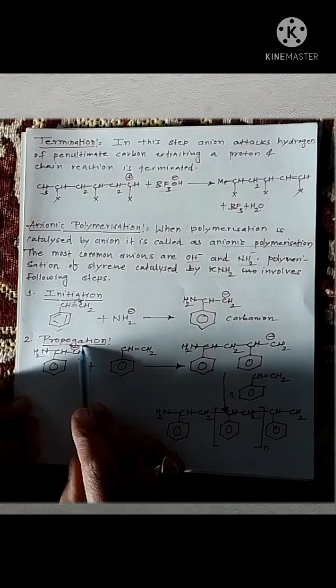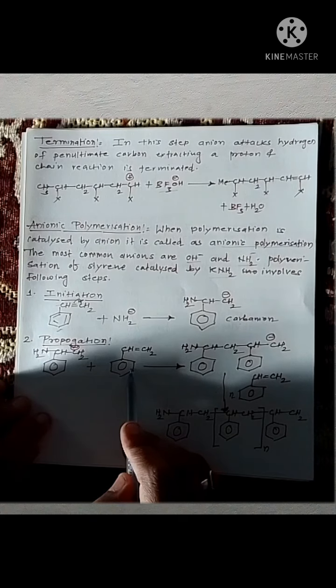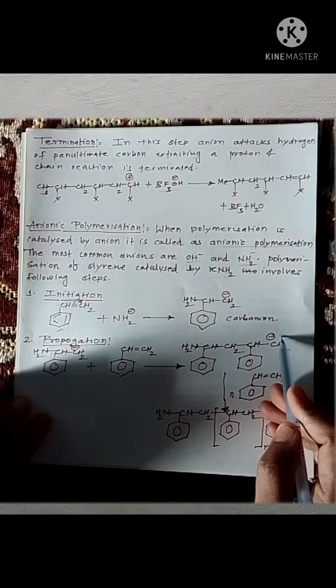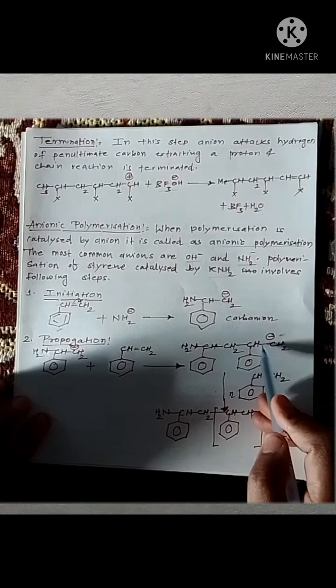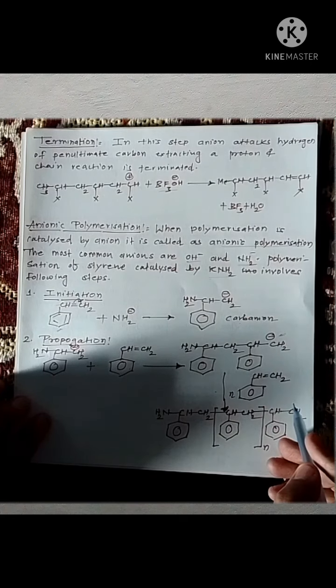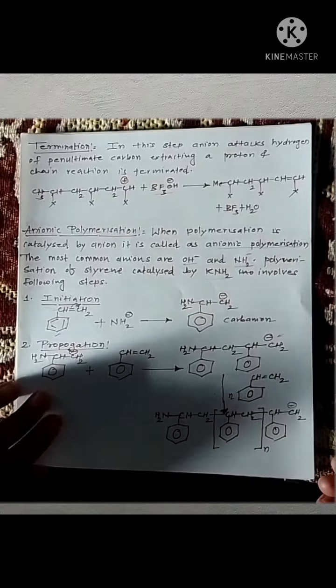In the propagation step, this carbanion attacks another styrene molecule, thereby increasing the chain length. So this is the structure of another carbanion, and this step is repeated again and again, and new carbanions get generated. Just see here, there should be a negative charge.